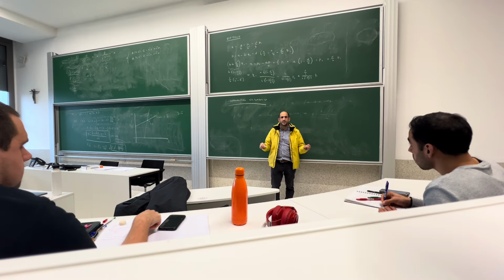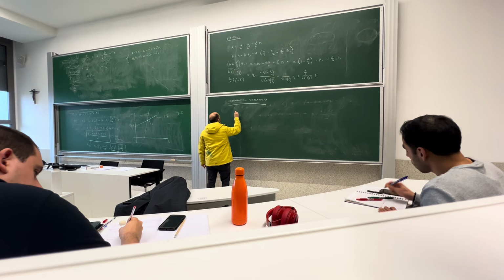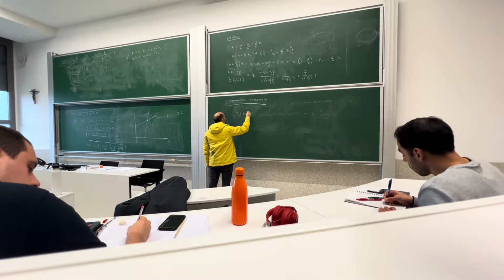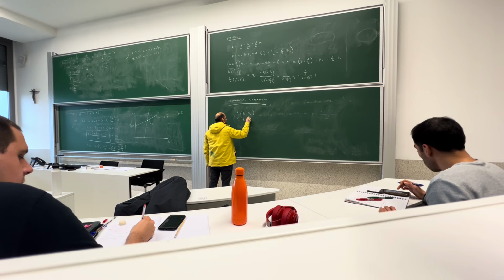One firm is going to be the leader and one firm is going to be the follower. Okay, so let's think of Cournot. Let's think of P1 of Q1 and Q2 and P2 of Q1 and Q2.